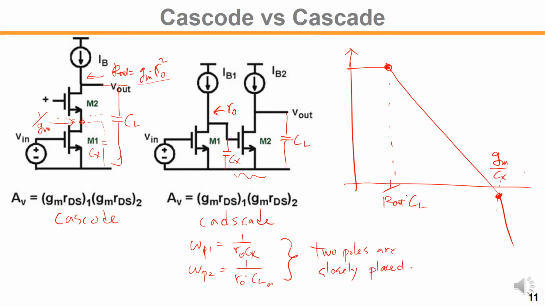But in the cascode case, omega P1 would be 1 over R out times CL, and the second pole would be GM over CX. Those two pole locations are widely separated.